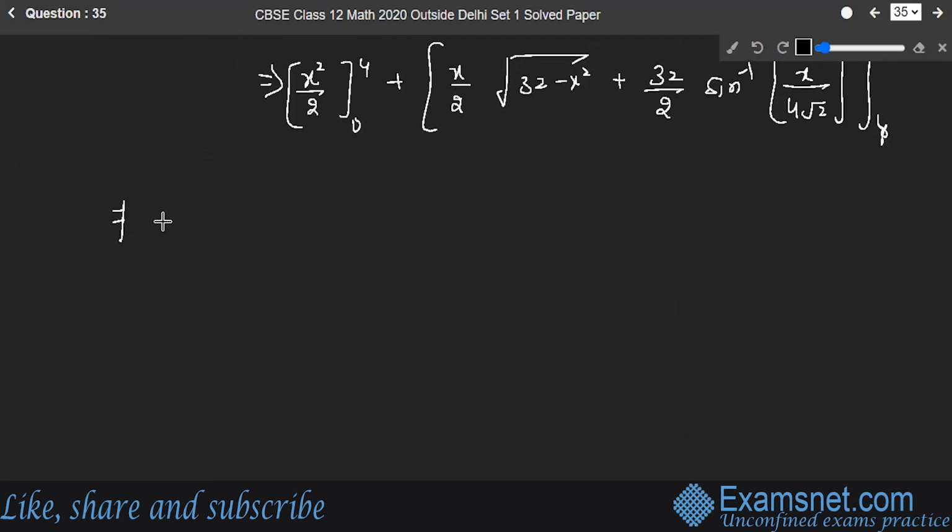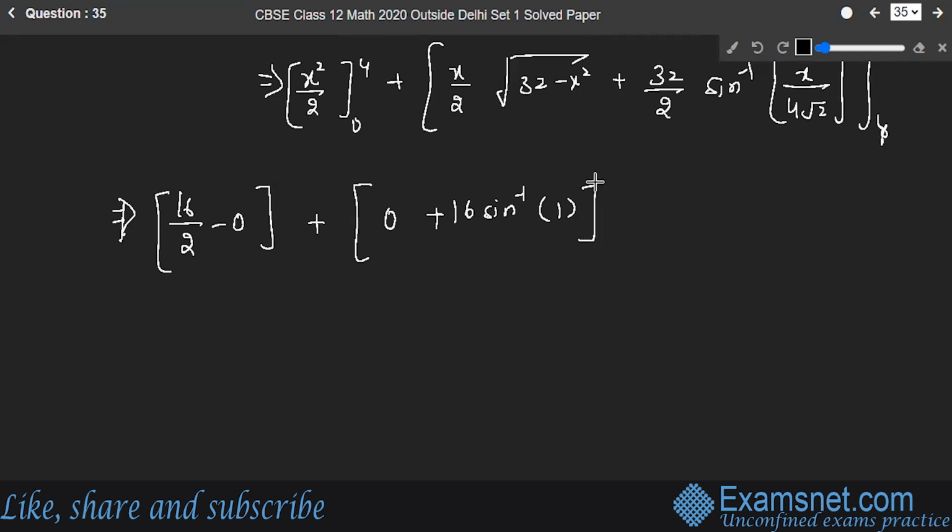So this is going to give me 16 upon 2 minus 0 plus 0 plus 16 sine inverse of 1, which will be equal to, okay, one more thing, minus.